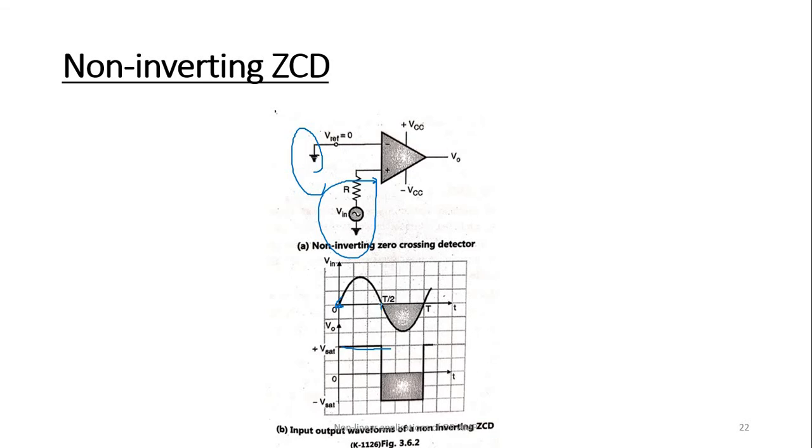At the T by 2 time, the input voltage crosses 0 and becomes negative, therefore the differential voltage also becomes negative and the output voltage switches from positive V saturation to minus V saturation. The waveforms are shown in this figure. The output voltage is plus V saturation for Vin greater than 0 and VO is equal to minus V saturation for Vin less than 0.